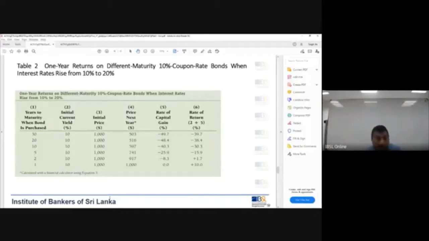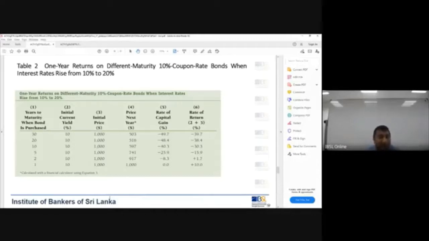Change in price at period t+1 minus P_t, the price at which you purchased this asset, over P_t. 917 minus 1,000 over 1,000. You see the 2-year bond has a rate of capital gain, actually capital loss, of minus 8.3.